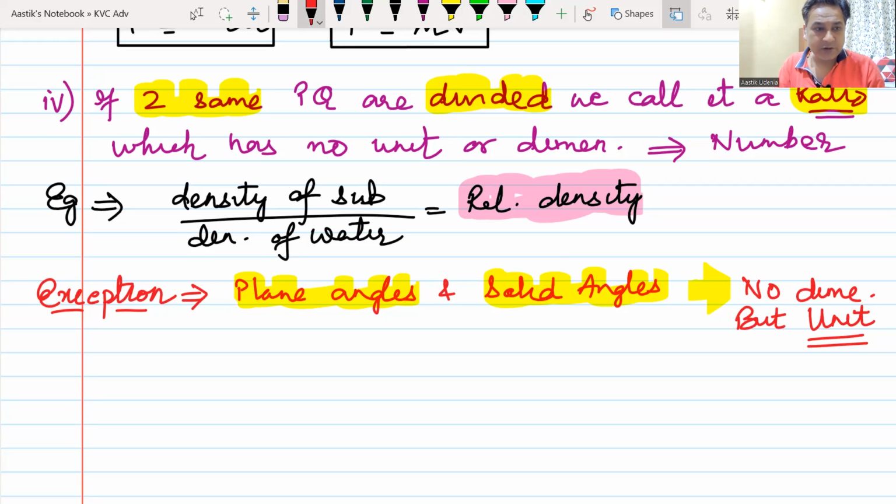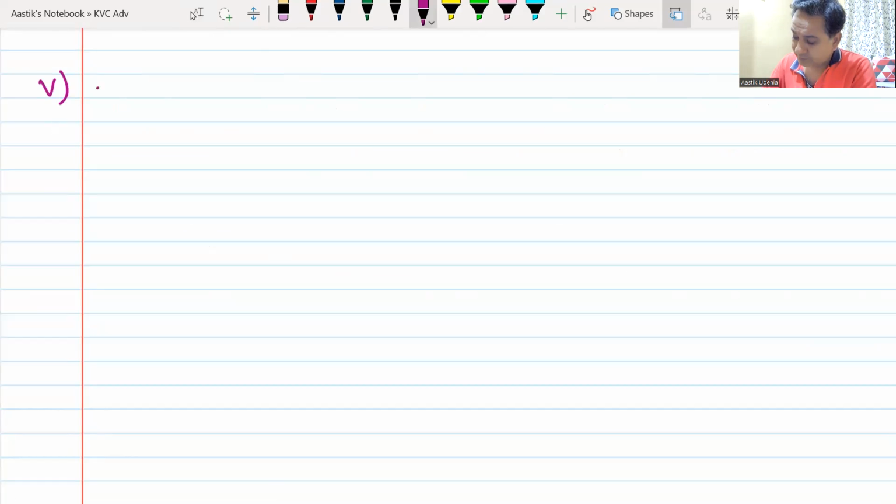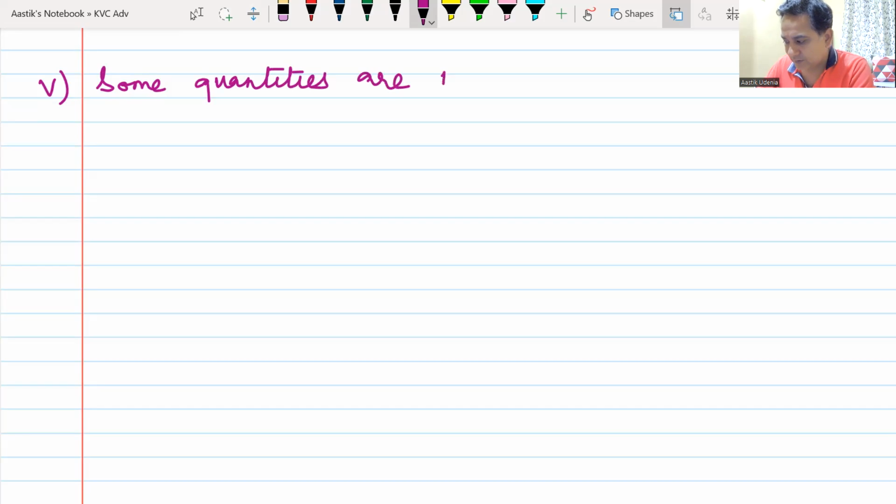Point number 5. I hope everyone has noted this down. Some quantities are numbers always.